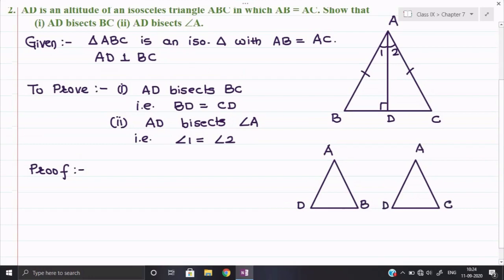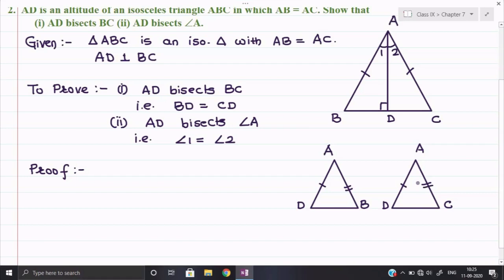Now look at the two triangles. What do we have given equal in these two triangles? First of all, you observe AD and AD are common. AB and AC are equal, right? That is also given equal.